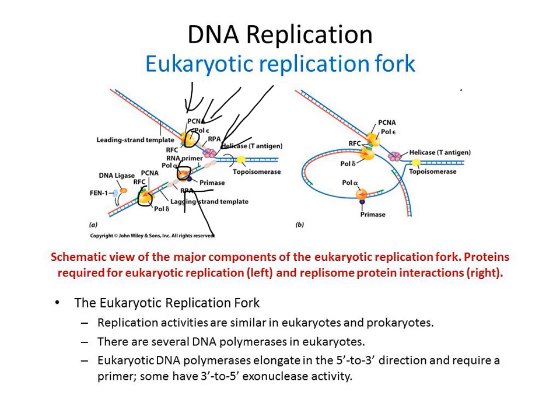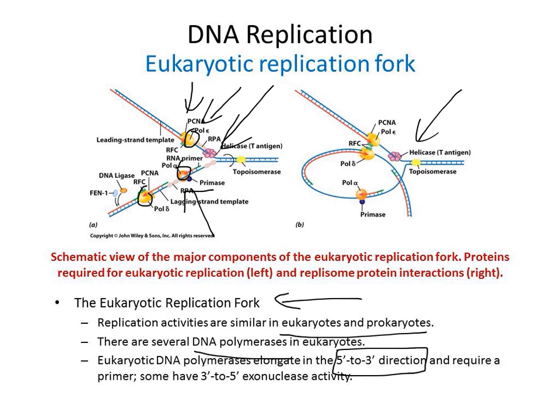Of course, there are topoisomerases, which are important in relieving the supercoiling due to the breakage of the two strands, and also single-stranded binding proteins that help hold the two strands apart. So just as a summary, at the eukaryotic replication fork, there are many similarities between prokaryotes and eukaryotes, and there are several DNA polymerases in eukaryotes, more than in prokaryotes.